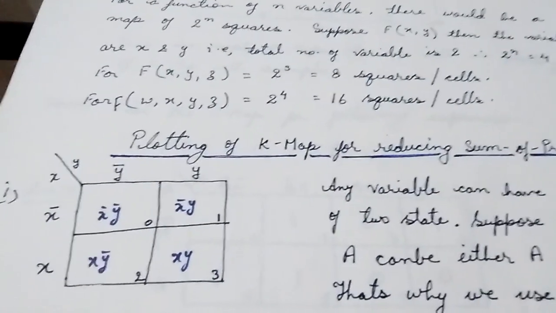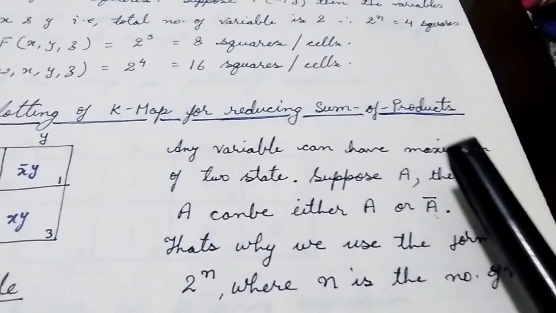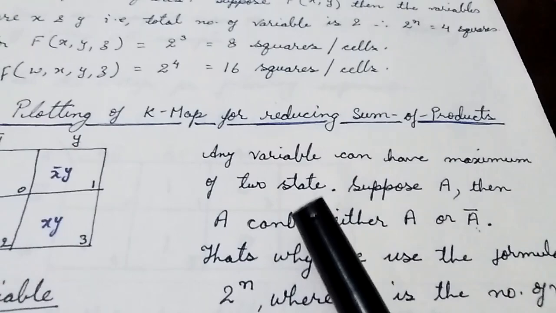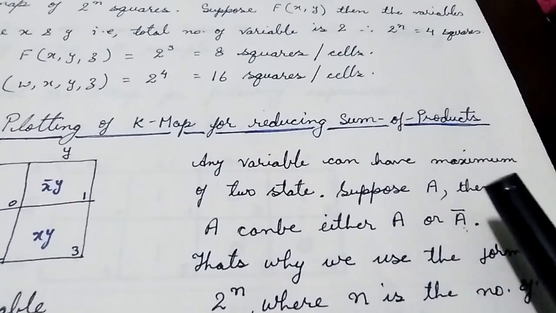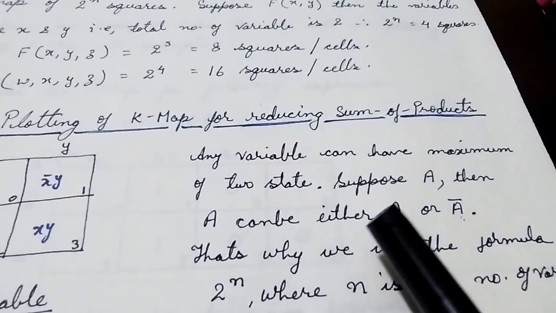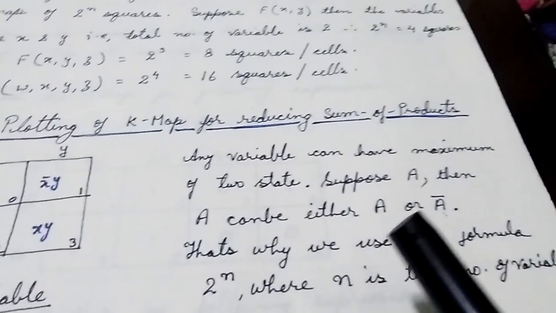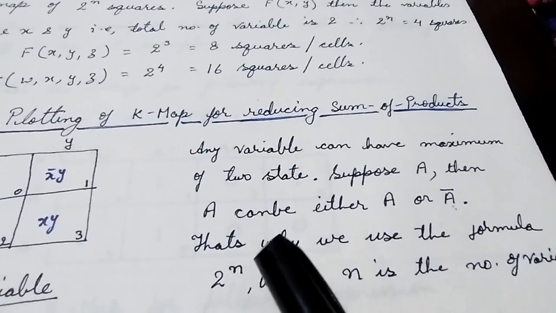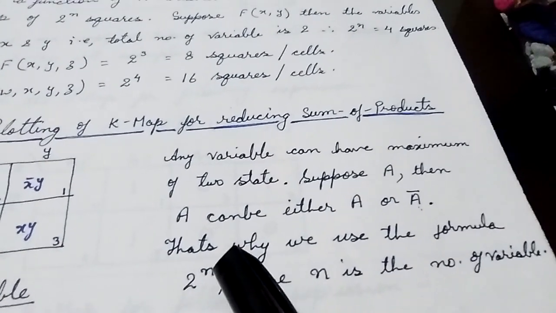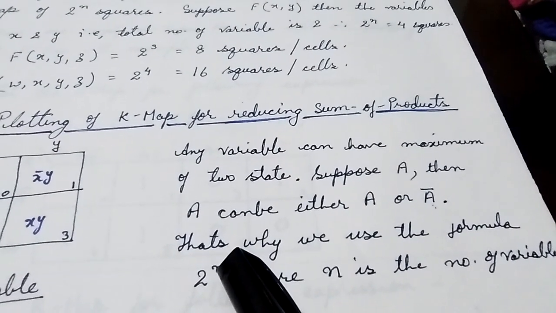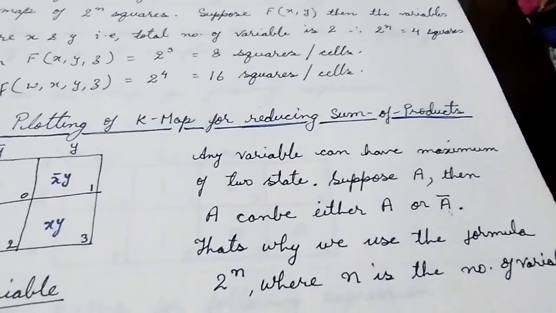We have to remember that any variable can have maximum of 2 states. Suppose the variable is a, then a can be either a or a bar. That is why we use the formula 2 to the power of n, where 2 represents the 2 states and n is the total number of variables or components.